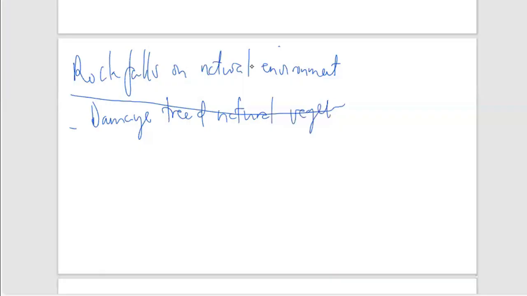As the rocks are falling, they cause damage to trees. They can destroy trees along the way and also destroy natural vegetation. Then you can also look at the other impacts, like the rock falls will kill wild animals. If the rock falls find wild animals on their way, they are going to kill them as they go down.